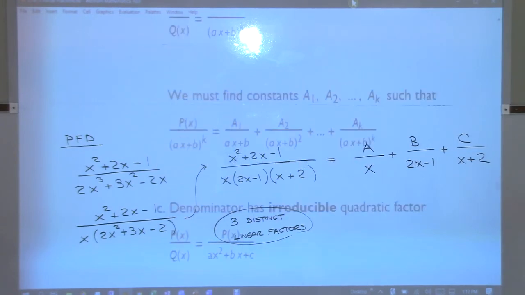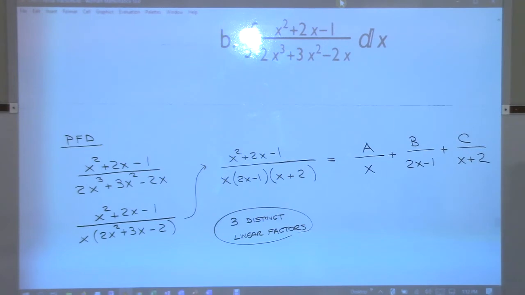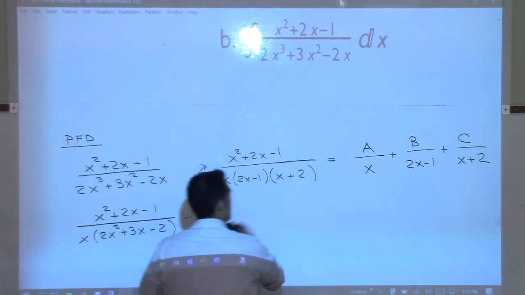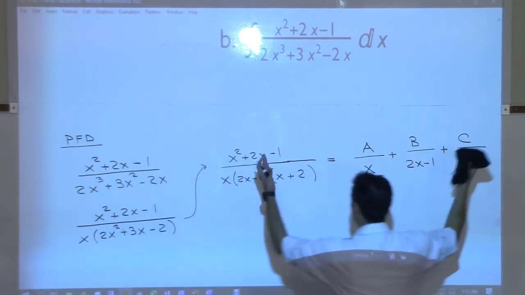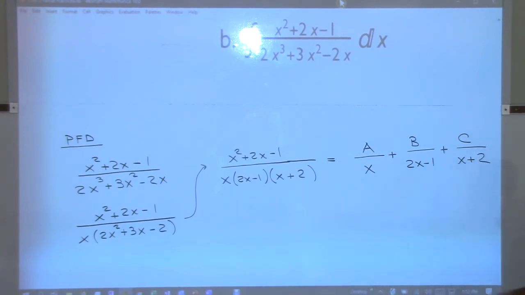What was the process at this point once we have rewritten it this way? Anyone remember what you do next? You multiply this equation by the LCD.